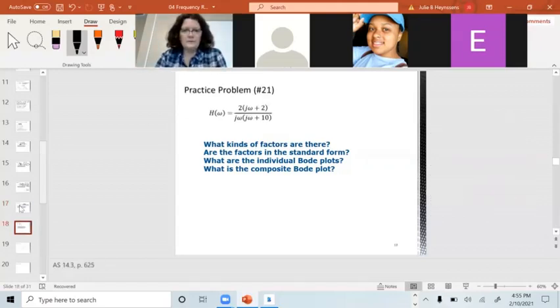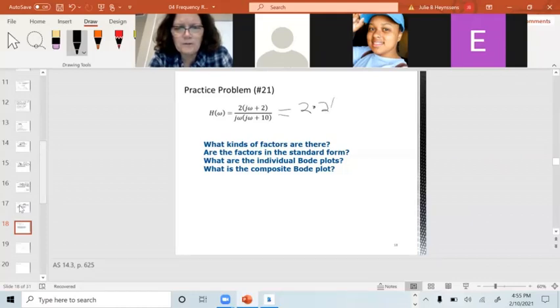This is the same problem. I've got to put it in standard form. I'm switching to S again. I have to factor a 2 out of the denominator to make this look like 1 plus S over 2.